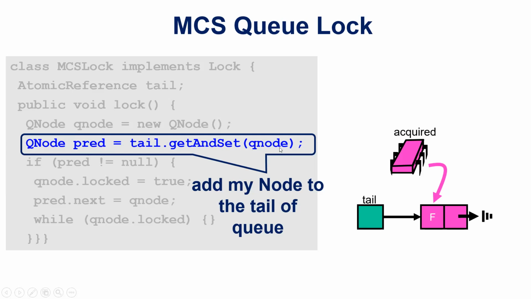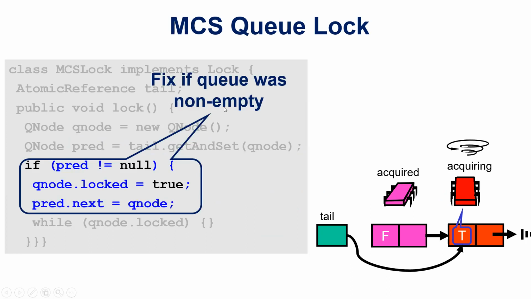What is the new value here? The Q node. So tail will be updated to the new Q node. Since the predecessor is null, it will acquire the lock. If it is the first thread, it automatically acquires the lock and enters the critical section.